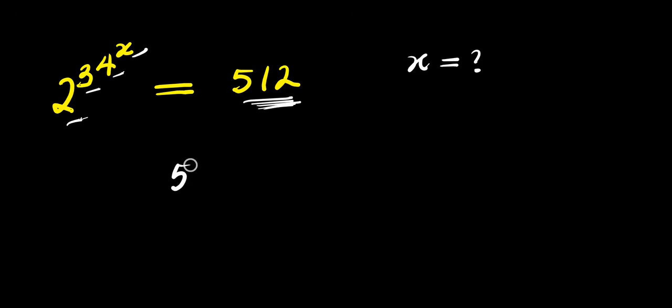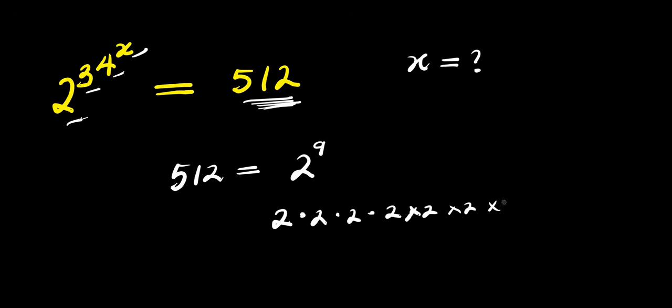So we have 512, and 512 is the same as 2 to the power of 9, because if you have 2 times 2 times 2 times 2 times 2 times 2 times 2 times 2 times 2, this is 2 in 9 places, so if you multiply this out, you should have 512.